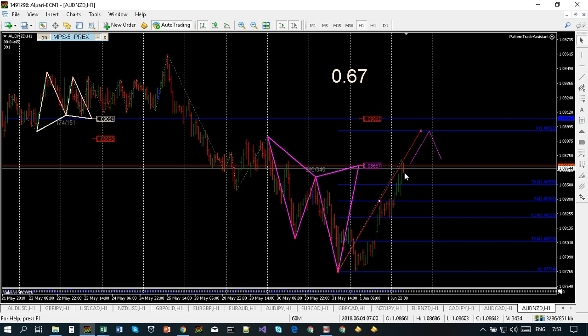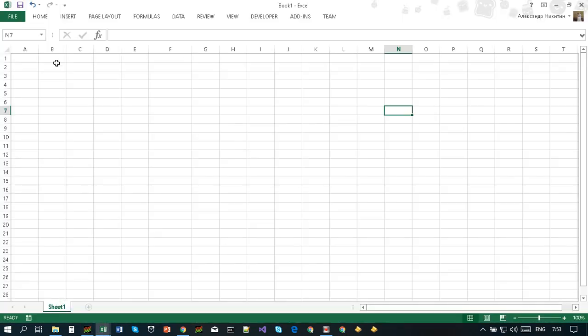Okay, once we know the average risk to reward, how often should we win to at least stay break-even? That's why I have created this empty Excel spreadsheet to do the calculation. So we need to know these numbers. We need to know how often we win, the win probability, how often we lose, the loss probability, and we need to know the risk to reward. The risk to reward is actually what we win compared to what we lose. So if we consider a loss being 1, the risk to reward of 0.87, 0.61, or whatever is something that we compare to 1.